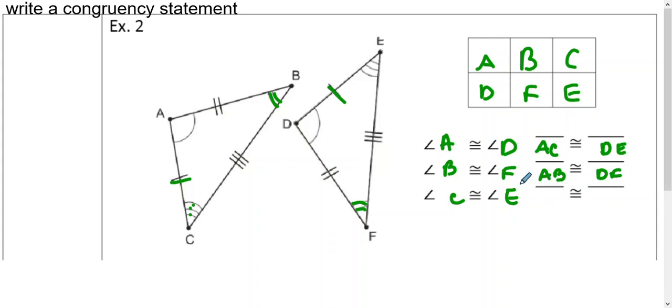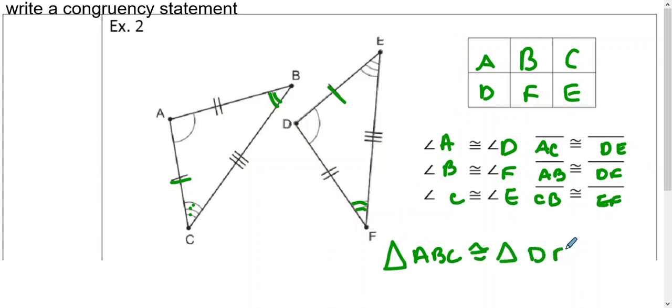And our three tick marks is CB and then EF. Those are both in the last and the middle position. So we would write our triangle statement as triangle ABC is congruent to triangle DFE.